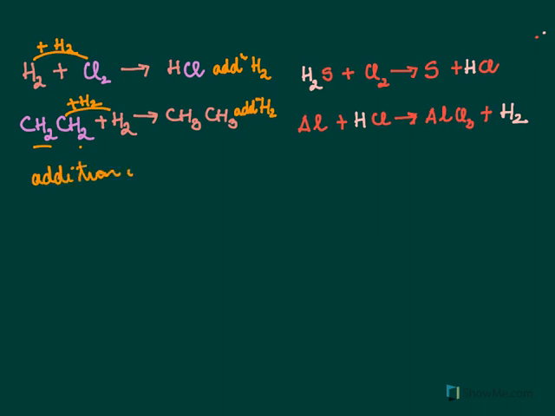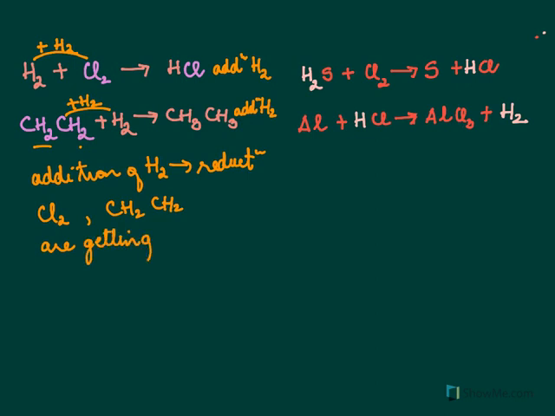Addition of hydrogen is called reduction. So in this case we can say chlorine and ethene are getting reduced. What do you mean by reduced? Hydrogen is adding on to them. Now in the next reaction, H2S plus chlorine, what is happening to H2S?